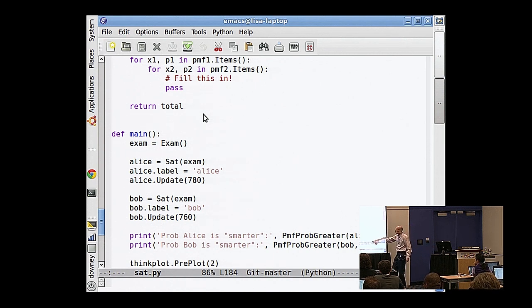And then I'm going to compute the probability that Alice is smarter than Bob and the probability that Bob is smarter than Alice by looping through the posterior distributions and figuring out what's the chance, if I draw random values from both of them, that Alice's random value turns out to be greater than Bob's, or vice versa. That's what this does. Let's take a look at how it works.